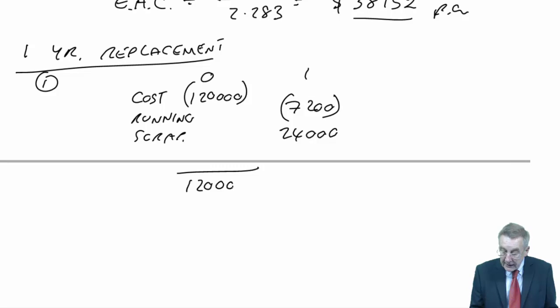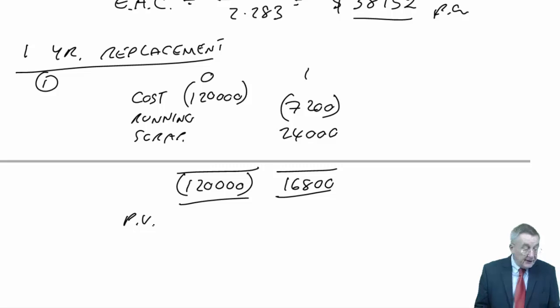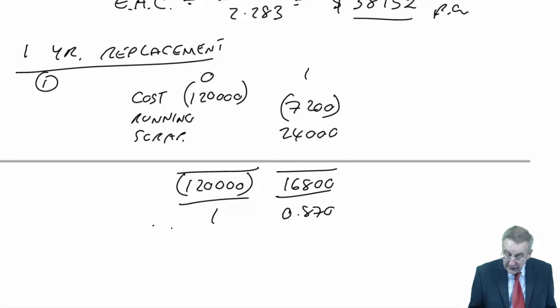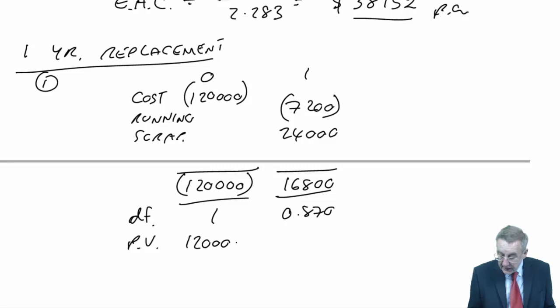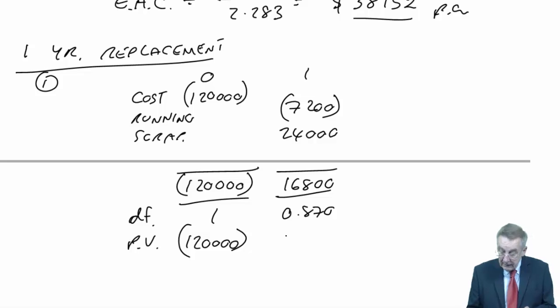So the net cash flow 120 at time 0. A net inflow 16,800 at time 1. The present values at 15%. I should have remembered this factor, 0.87. So the present value, sorry, that was the discount factor, I do apologise. The present value, 120,000. And an inflow of 14,616.